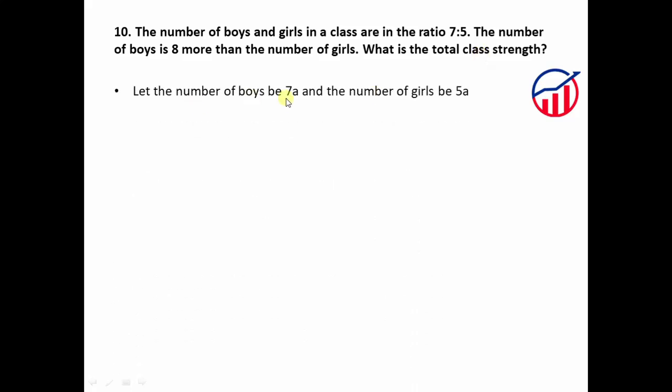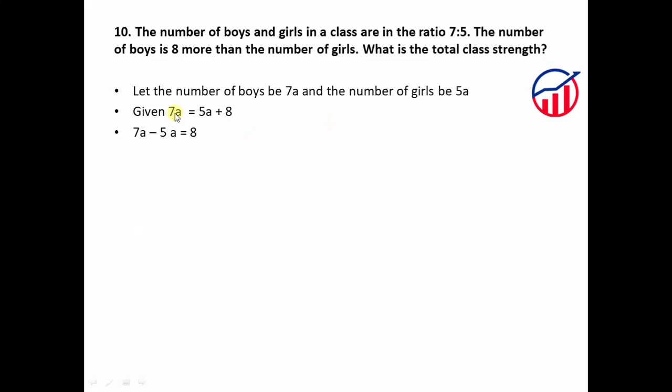So let the number of boys be 7a and the number of girls be 5a. Why? Because the ratio is 7:5. Now given that the number of boys is 8 more than the number of girls, 7a is 8 more than the number of girls, which is 5a. What is the total class strength?